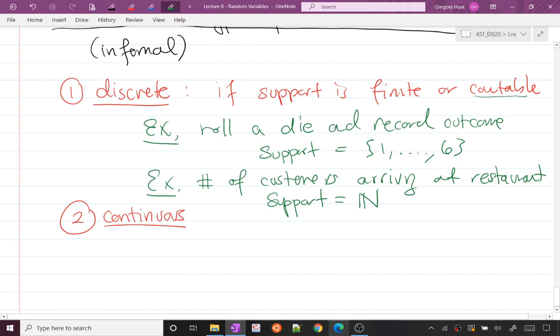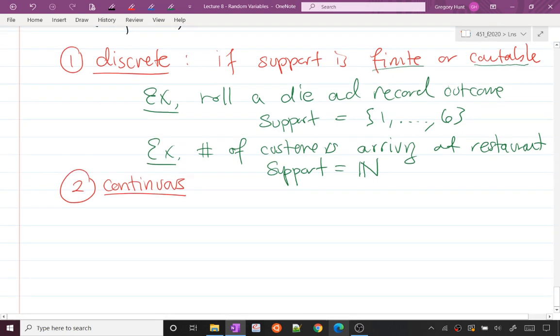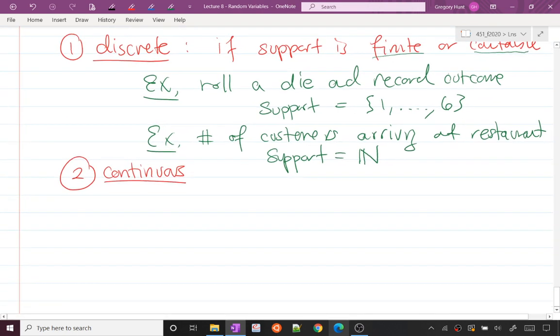It's still countable. So in those two cases, we call those random variables discrete. This is not particularly formal. We'll maybe at the end of the lecture today talk about a formal definition, but this is how people think about it. The outcomes come in discrete packets, either finite or countable in number.